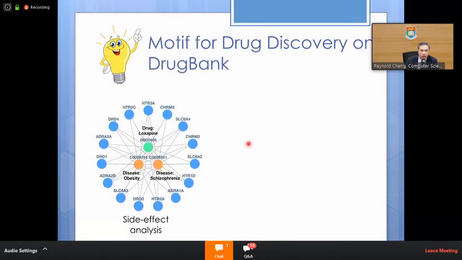So we have done some preliminary work here, not on the COVID-19 dataset, but on an open dataset in medicine called DrugBank, and we have made some interesting observations. First, we find that for the drug called loxapine, there could be different kinds of side effects like obesity and schizophrenia.